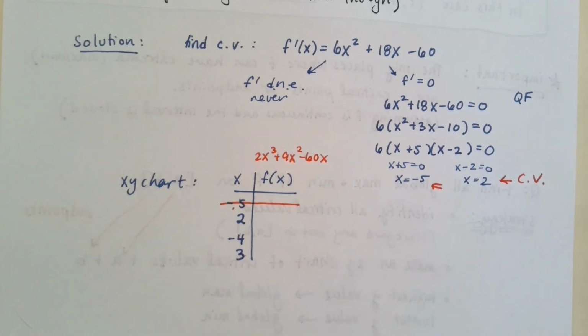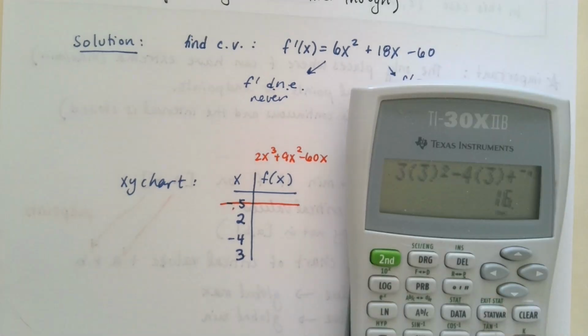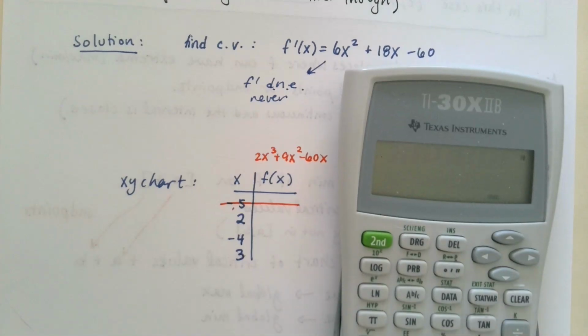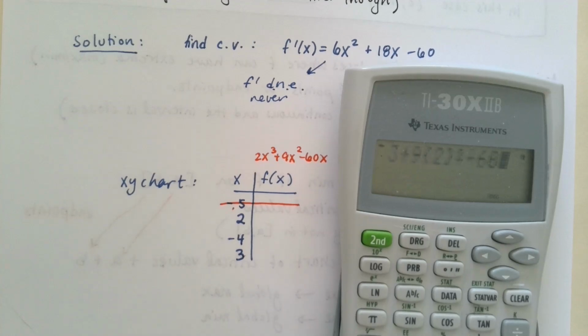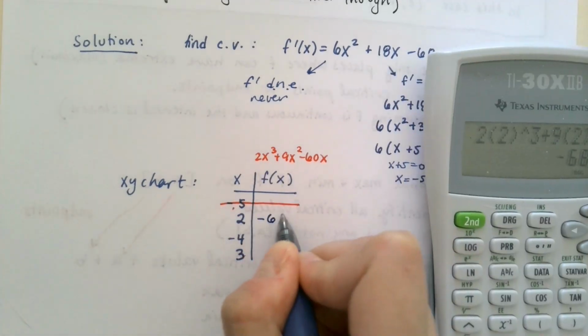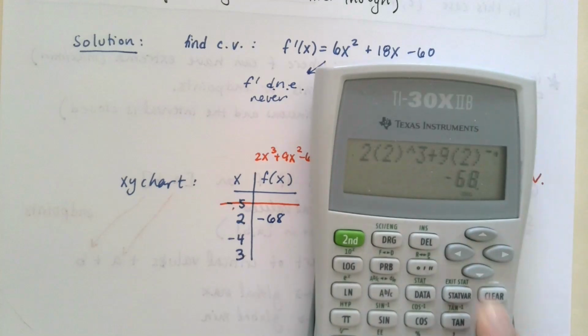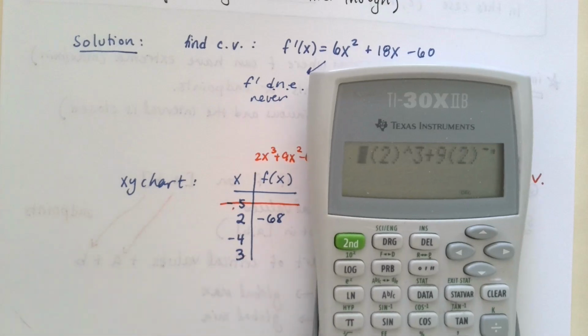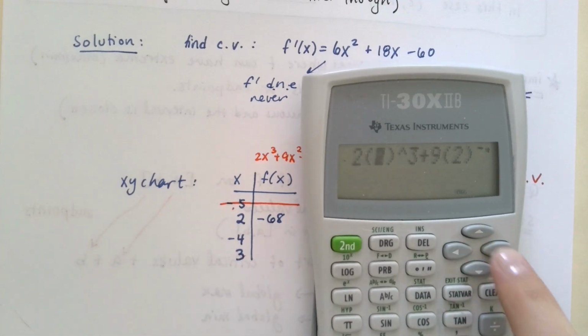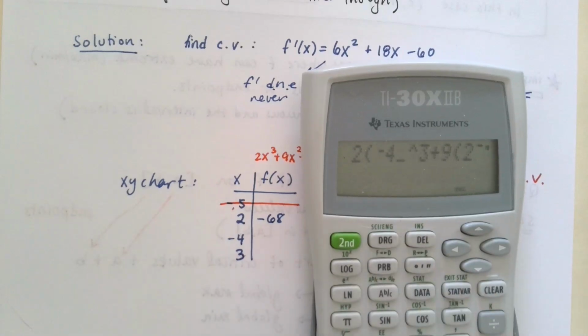Okay, so now I want to plug 2 into my function. So we'll have 2 times 2 cubed plus 9 times 2 squared minus 60 times 2. And I get -68. Okay. Now we'll go through and put a -4 into the function instead. So I'm actually going to use this same line and put a -4 in that spot.